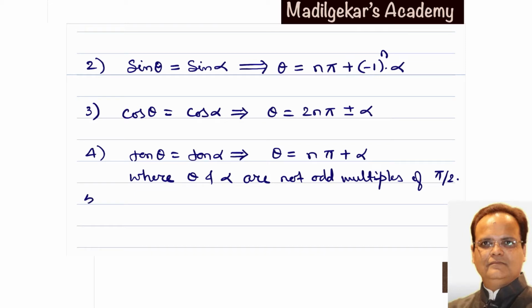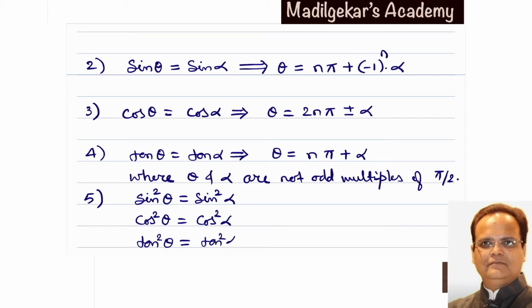And now the last result, for squares. If sine square theta equals sine square alpha, cos square theta equals cos square alpha, or tan square theta equals tan square alpha, then for all these three the result is the same.